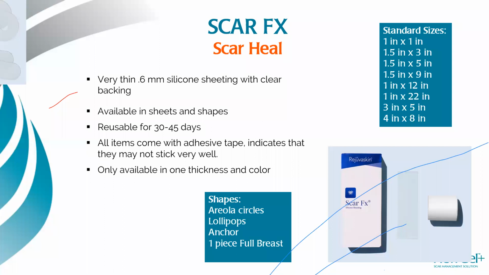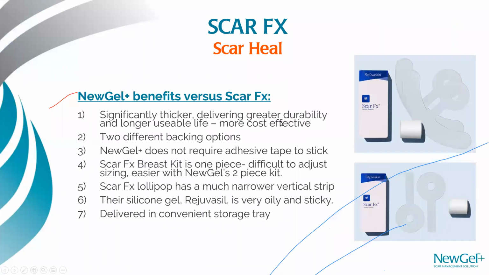And then if you look at the lollipop here, you can see how skinny that vertical piece is. What we've learned over time is that if you don't have enough surface area to allow the silicone sheeting to adhere to, it's more likely to lift or not stay in place.